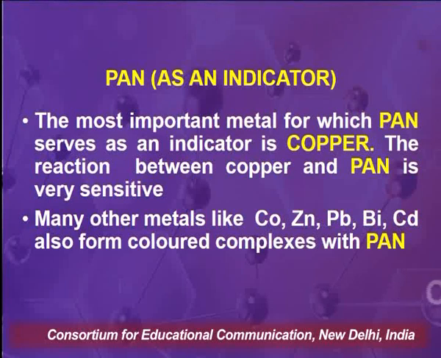In that case, copper can be estimated using PAN as the indicator, wherein copper-PAN and copper-EDTA follow a single step reaction. Many other metals like cobalt, zinc, lead, bismuth and cadmium also form colored complexes with PAN, and therefore PAN can be used as an indicator for estimation of these particular metal ions with EDTA.